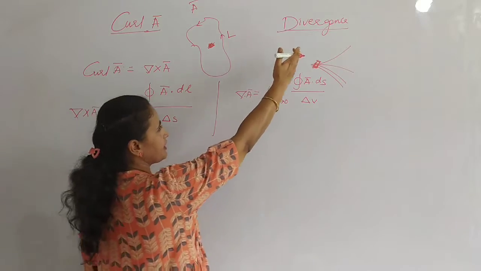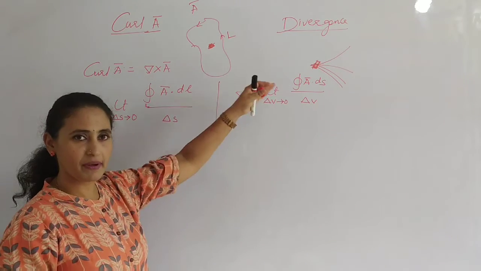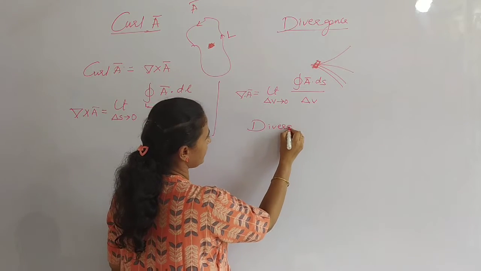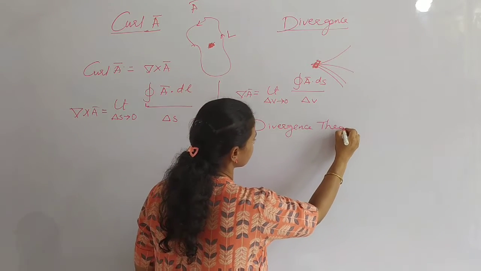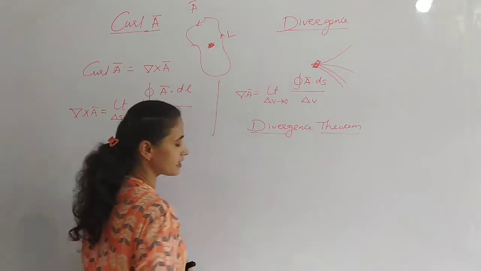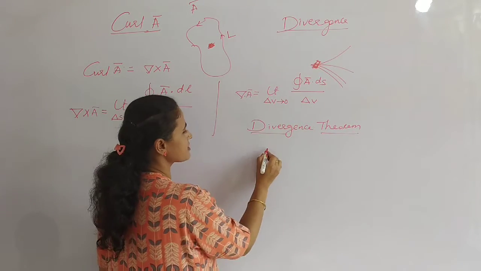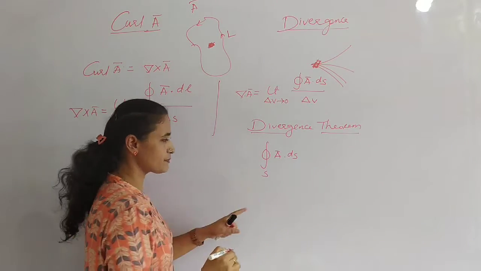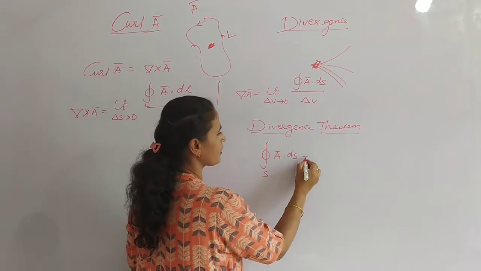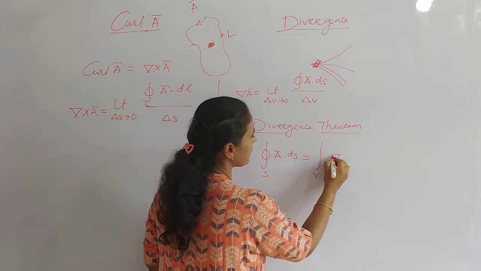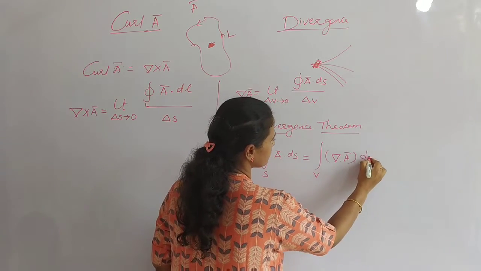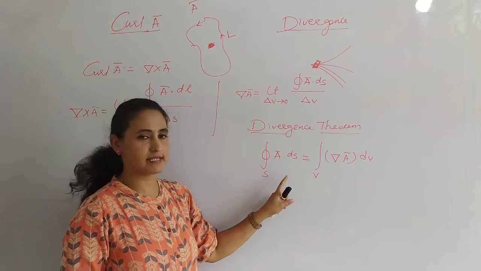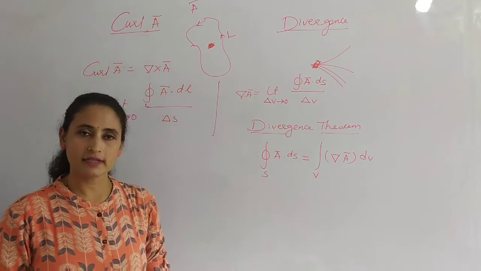We defined the divergence in the previous lectures. Based upon the divergence, we stated and proved the divergence theorem. So what is the divergence theorem?